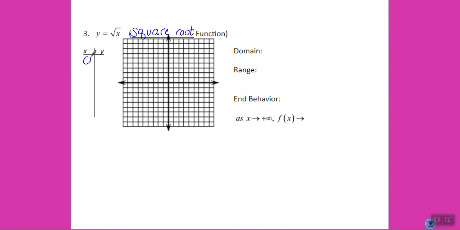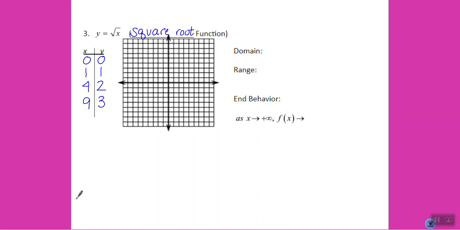So I'm going to use 0, 1, 4, and 9 as my x values. So the square root of 0 is 0. The square root of 1 is 1. The square root of 4 is 2. And the square root of 9 is 3.